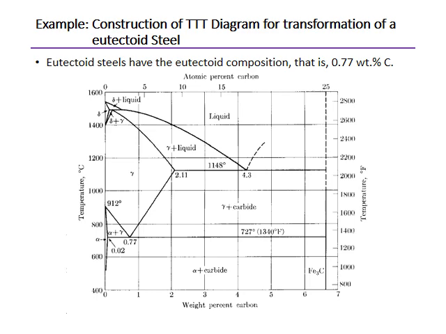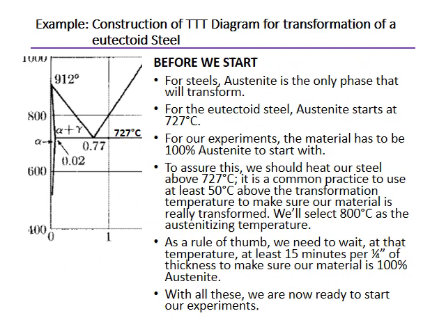So let's try to construct a temperature time transformation diagram for the eutectoid steel. So we know that eutectoid steels have the eutectoid composition that happens at 0.77 weight% carbon. So where do we start to make this TTT diagram? First of all, we have to start with a material that has one phase, in this case austenite.